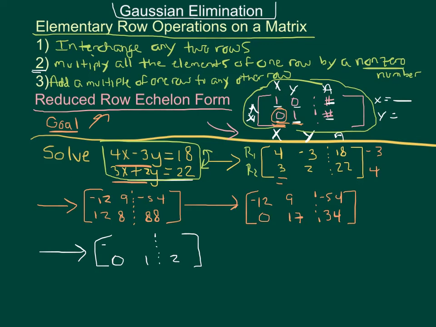I'll copy down that top again, -12, 9, and -54. Now what I'm going to do is kill the 9. Once you get a 1 here, that's really powerful, because what I can do now is kill that 9 by getting opposites in this column.